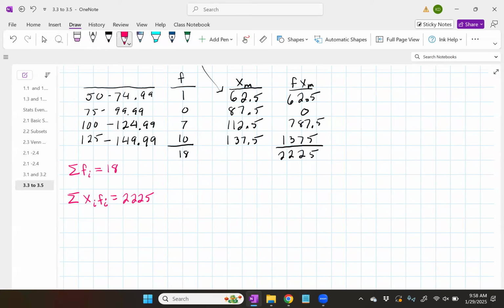So I'm going to do that. My X bar is 2,225 divided by 18. I really need more coffee today. And I get 123.6.